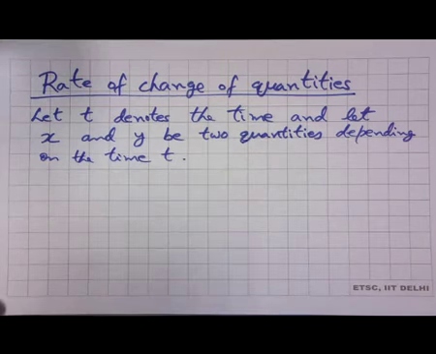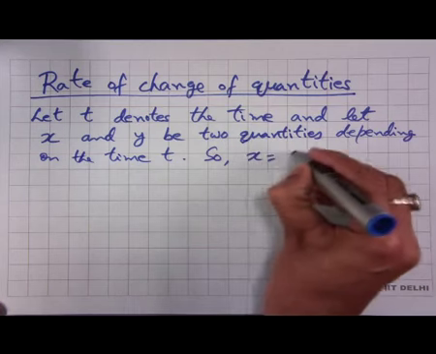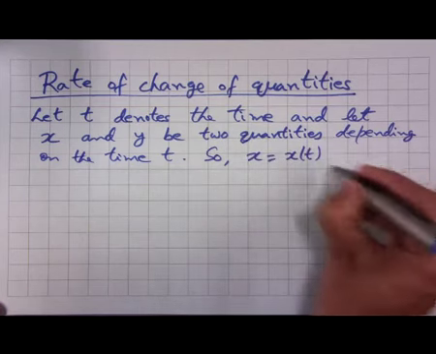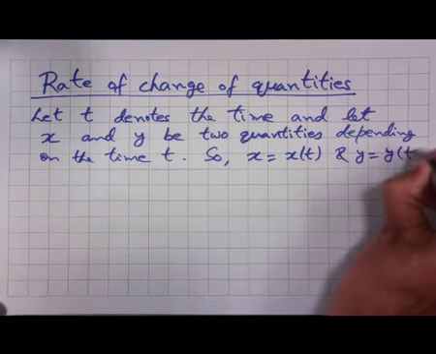So, x and y are functions of t. x is some x of t and y is also a function of time t.